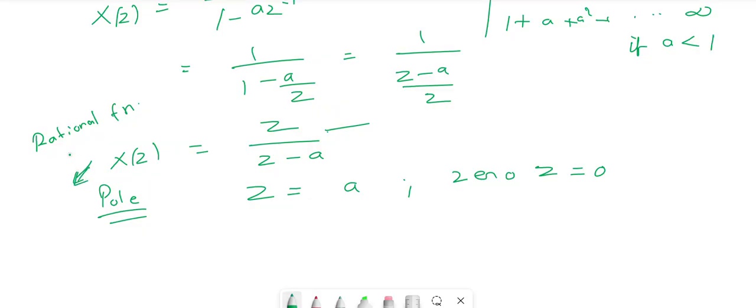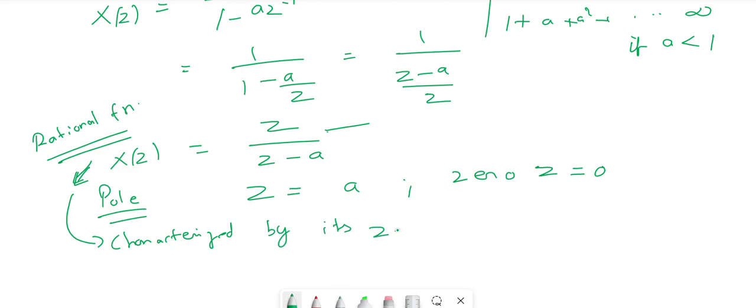So X of z is a rational function, which is characterized by its zeros and its poles.